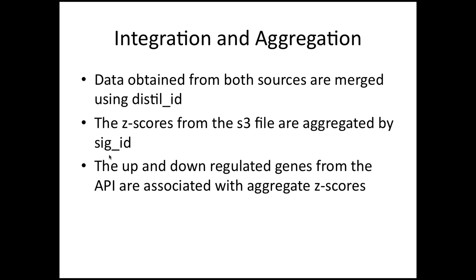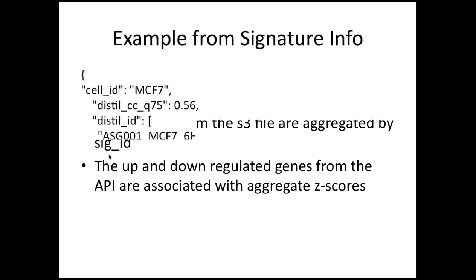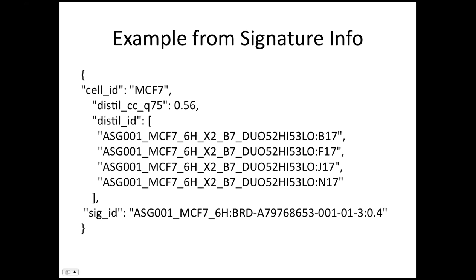Amar? Yes. Can I ask a question about the signatures? Yeah, sure. If I understand correctly, is this just a subset of repeated experiments? Because it seems like you have the same cell, just different repeats. The different repeats are distal IDs, and signature.